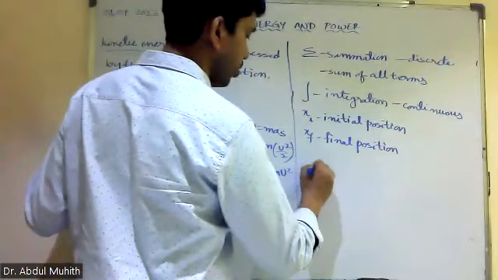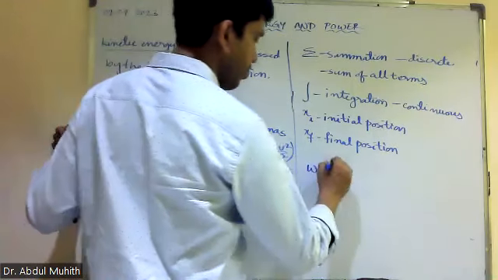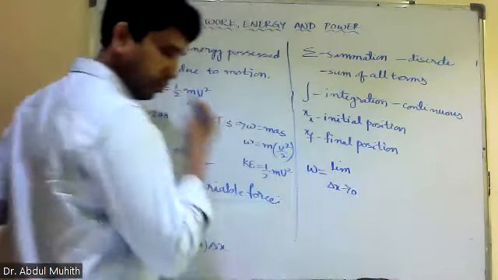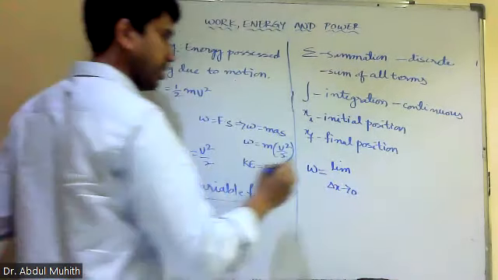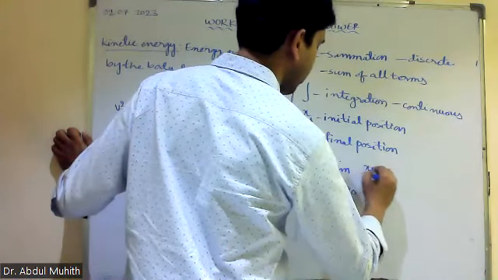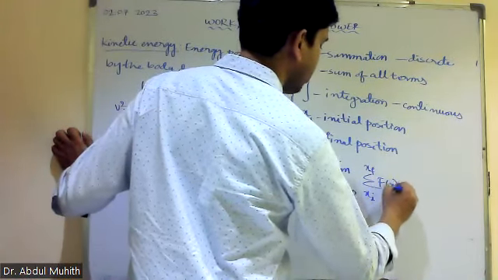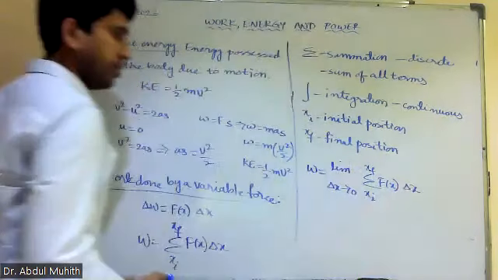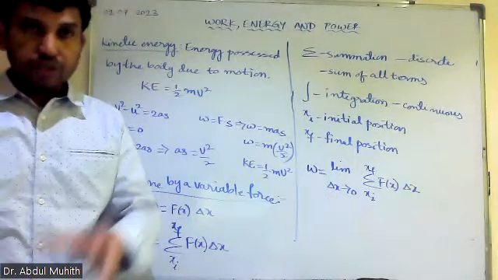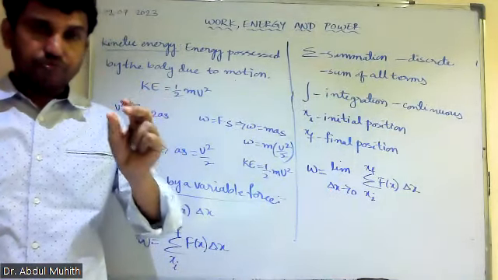W equals the limit as delta x tends to 0 of the summation from xi to xf of f of x into delta x. Why have we taken delta x tends to 0? Because the value is very close to 0.